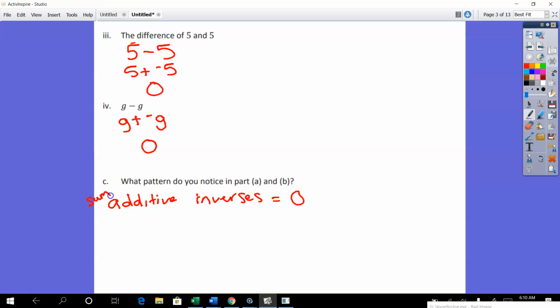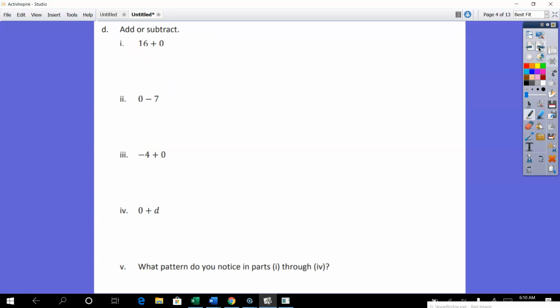Some of them are additive inverses. Okay, part D asked you to add or subtract. So here we've got addition, we're not rewriting it, it's just 16.